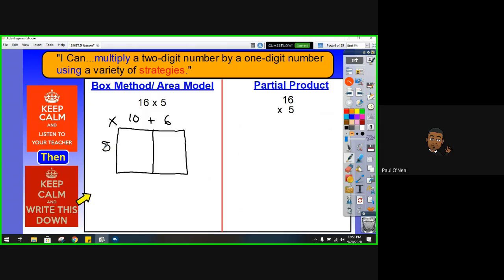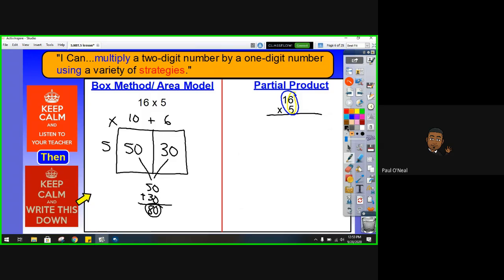All right, so 5 times 10 would be 50. 6 times 5 is 30. You add, of course, those two together. 50 plus 30, of course, is 80. Okay, now let's look at it with partial product. Okay, again, I'm going to look at it as 6 times 5 and then 10 times 5.